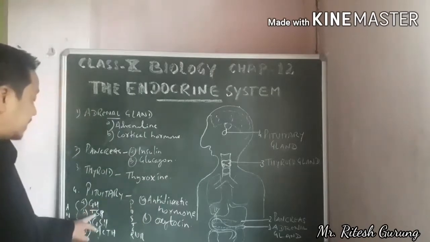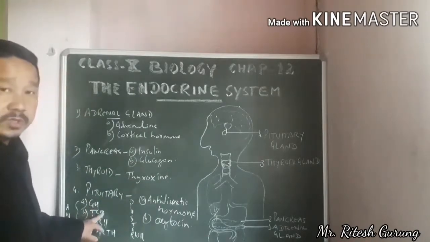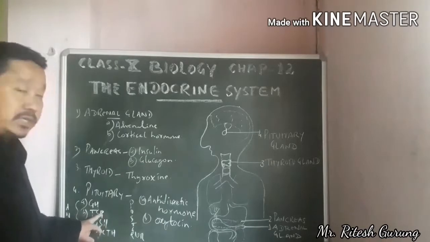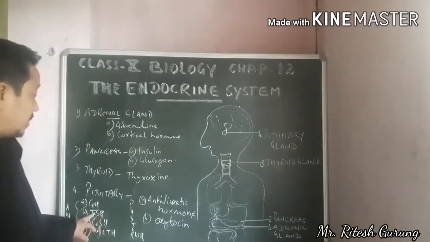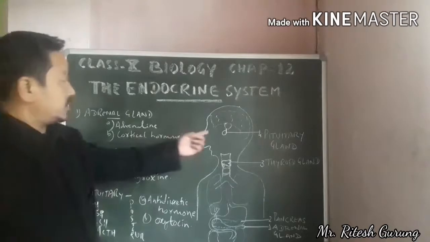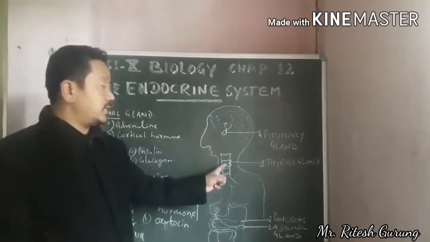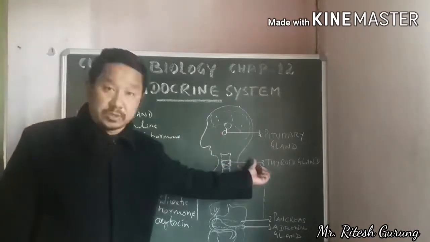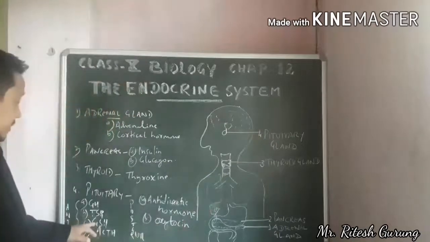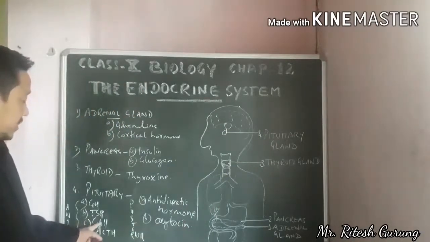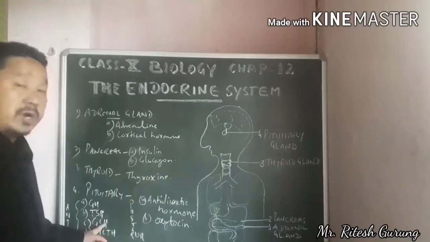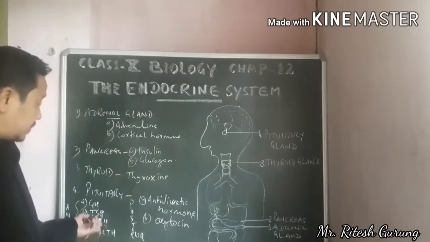Then number 2, TSH, thyroid stimulating hormone, which means this hormone stimulates the thyroid gland to produce thyroxine. Then GSH, your gonad stimulating hormone, or gonadotropic hormone also can be called.